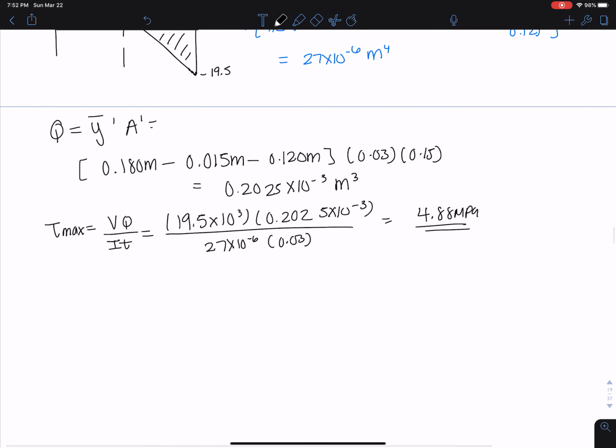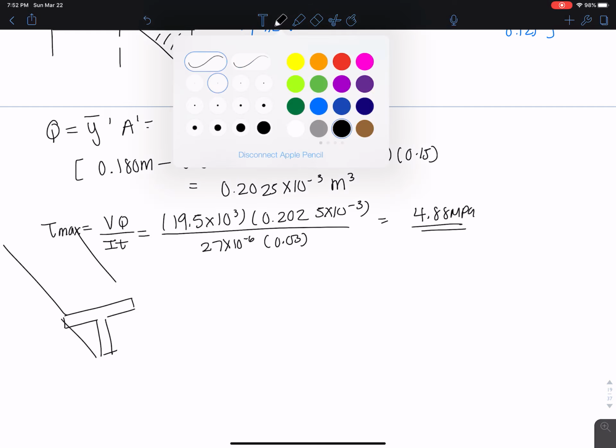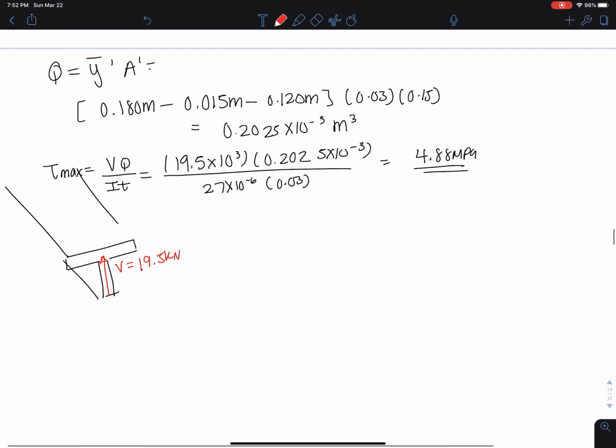If we're going to draw this out, let me see if I can draw this. What we're saying is that this shear, this 19.5 kilonewton, and this here is the plane containing the glue.